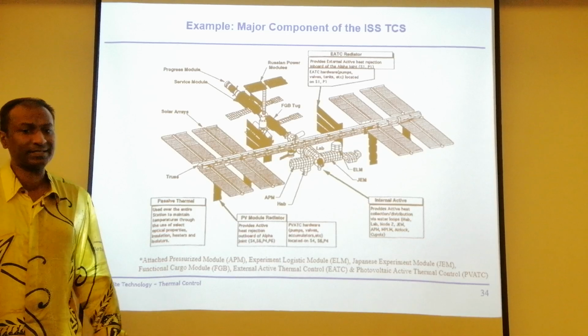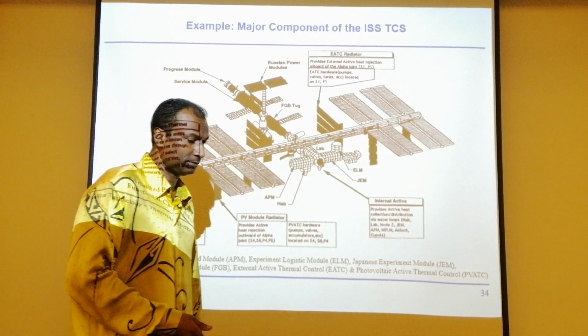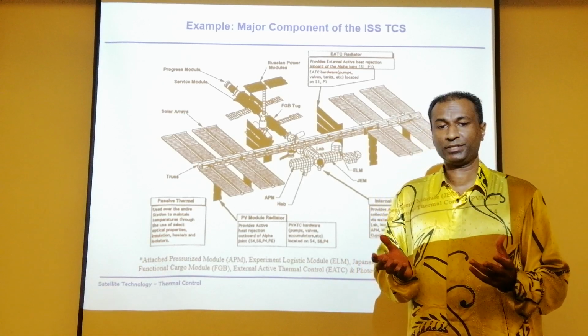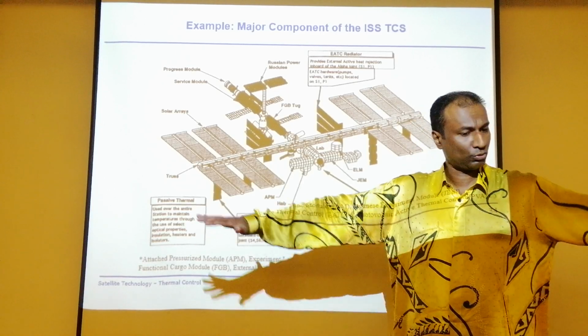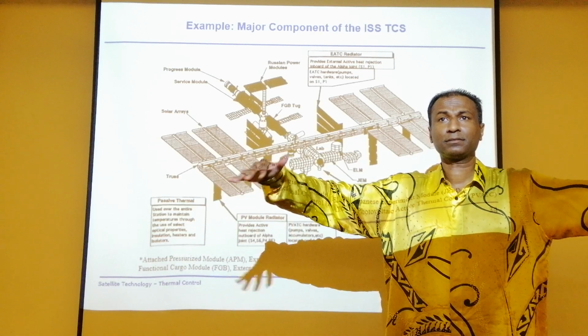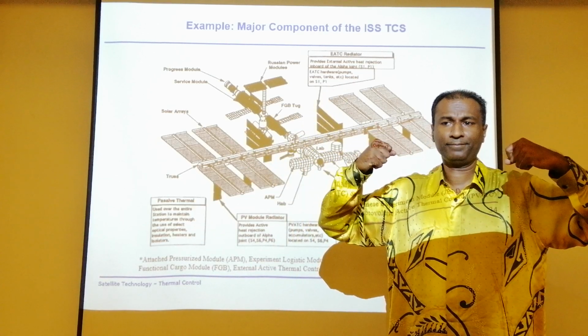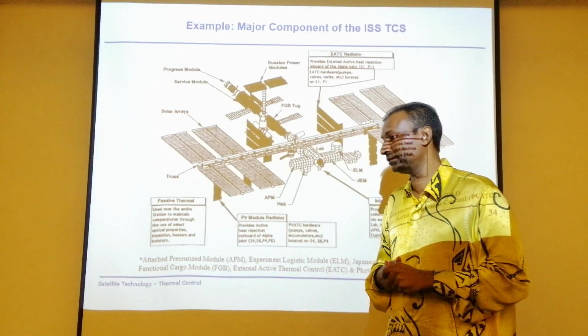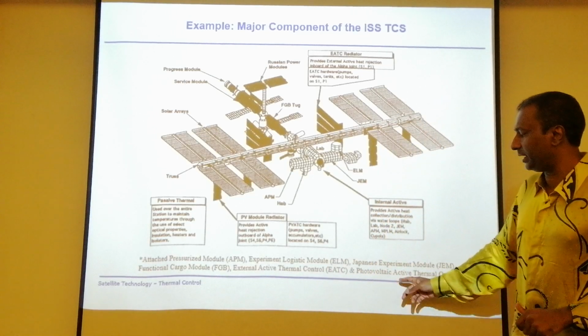More often than not we use heat pipes to cool down the system, especially the panels, because panels are so huge that sometimes they collect sun, and at the same time they also collect heat, the solar flux.